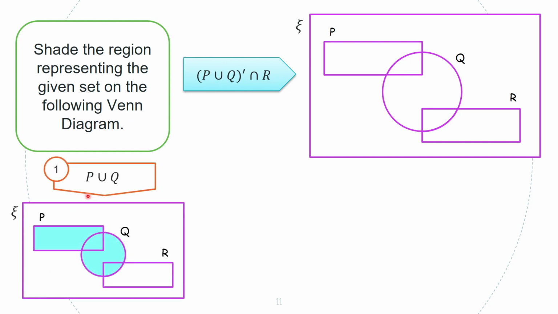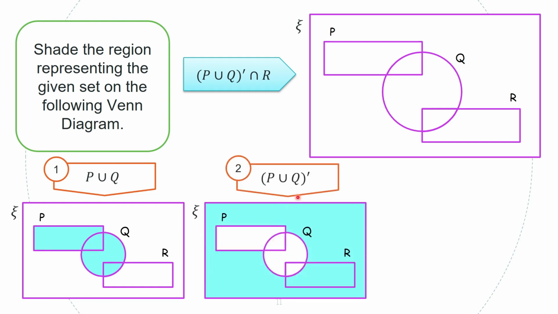This rectangle is P and this circle is Q. So union is the combination of these two sets, so we shade all this region. Now for the complement. The complement is everything that is not in this shaded region. So the complement of P union Q is this part.